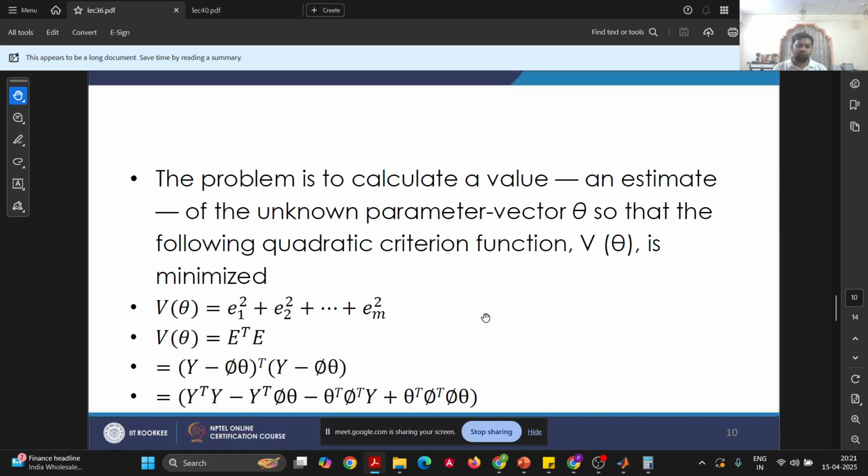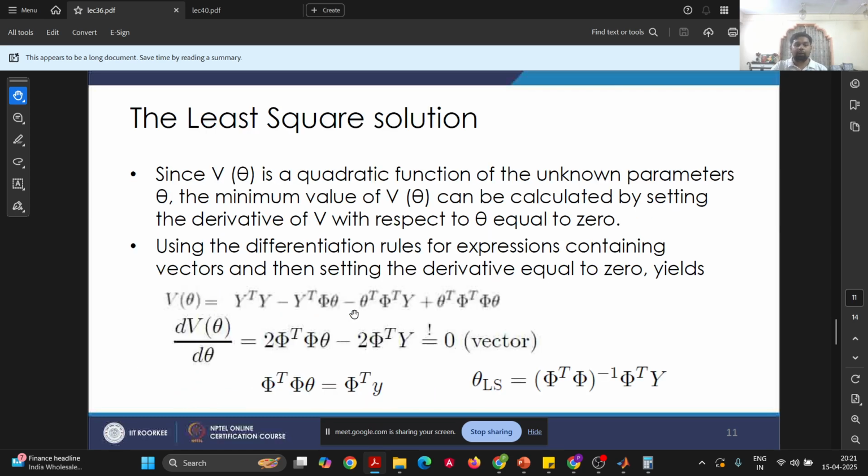Now in the least square method, we have to minimize the quadratic function which represents the sum of squares of the errors. To minimize the quadratic function, we set the derivative of this function V with respect to theta, the design vector of the parameters, to 0.